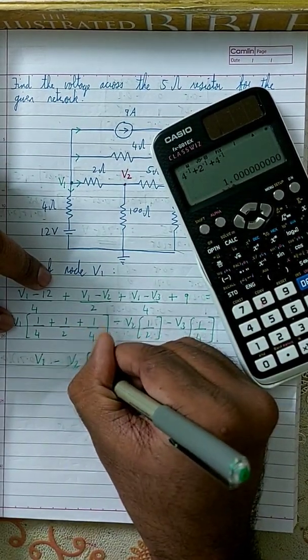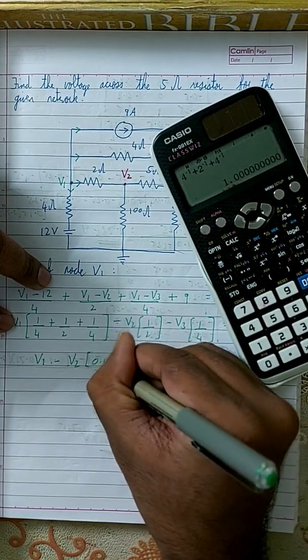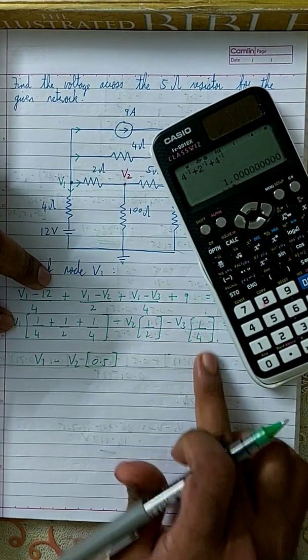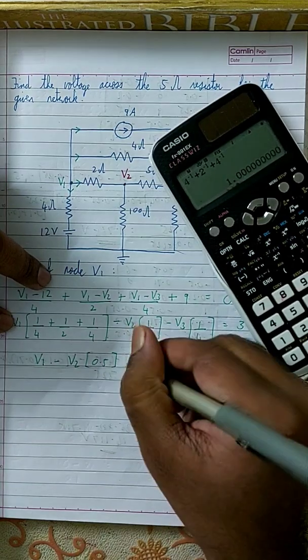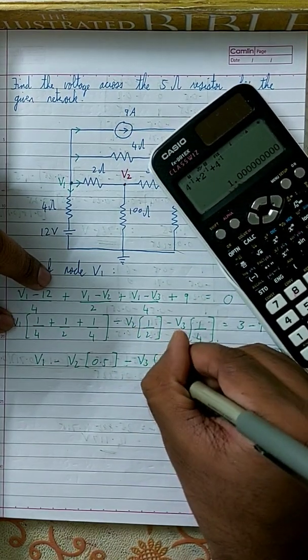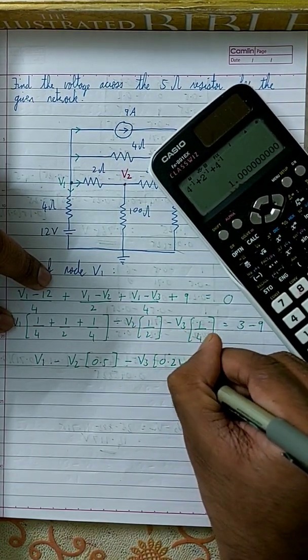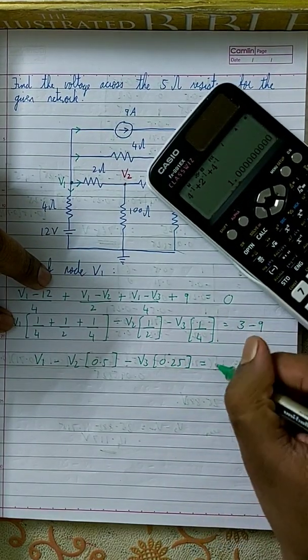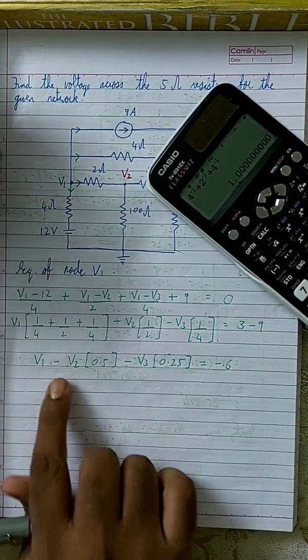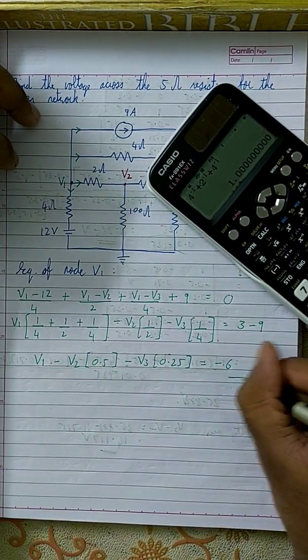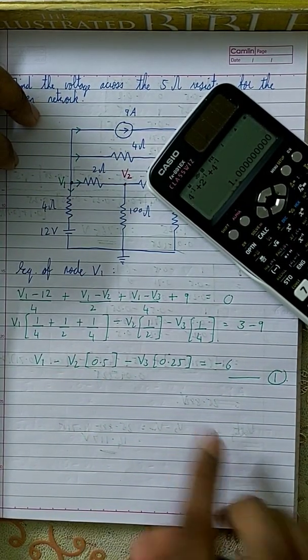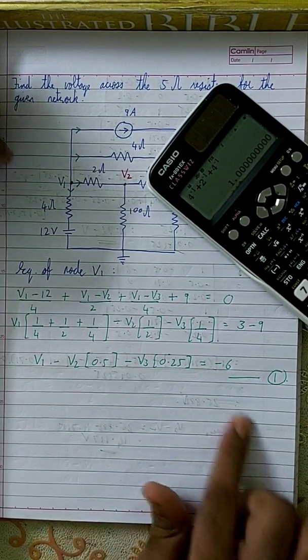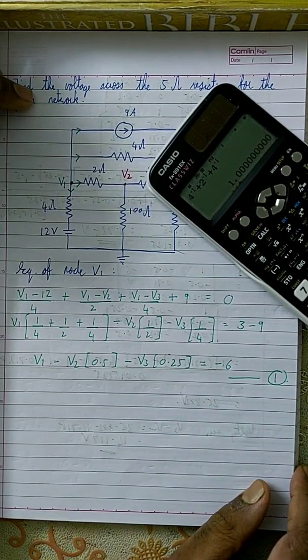So minus V2 into 0.5, and 1 by 4 is 0.25, so minus V3 into 0.25 is equal to 3 minus 9, which is minus 6. This is equation 1. This is how we write the equation of node V1.